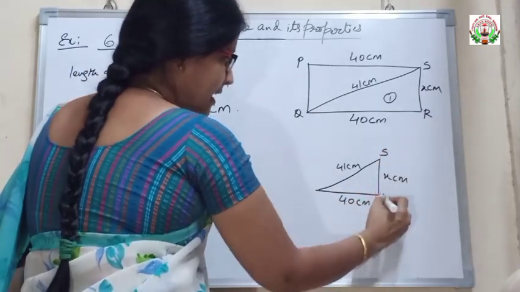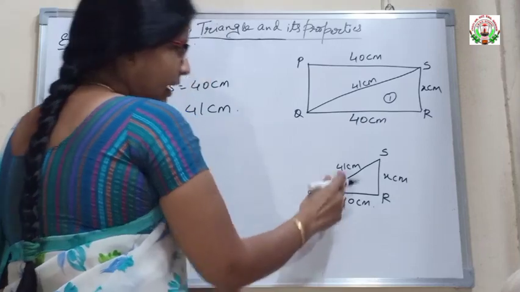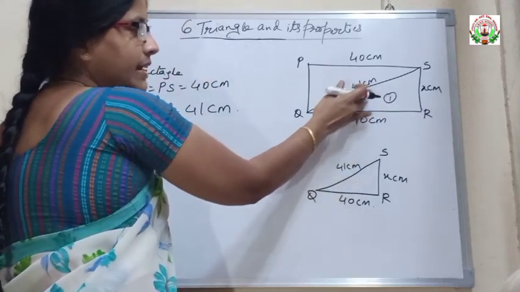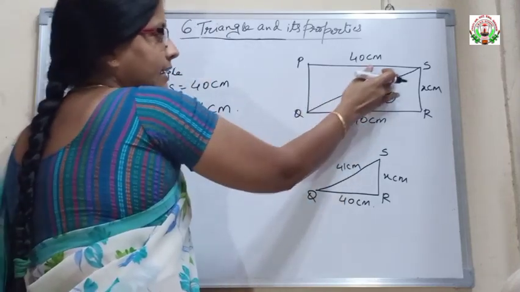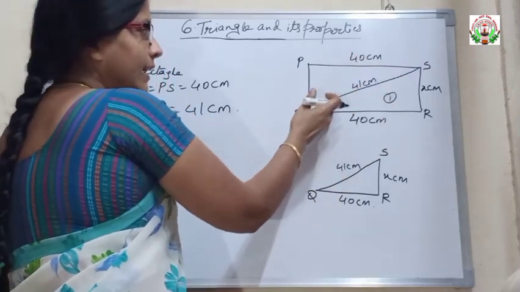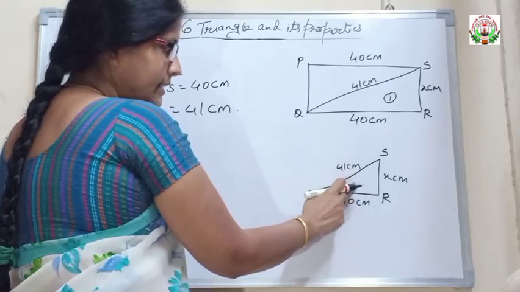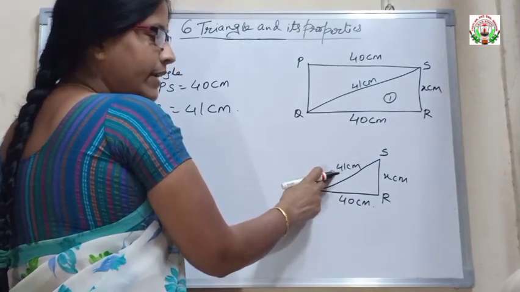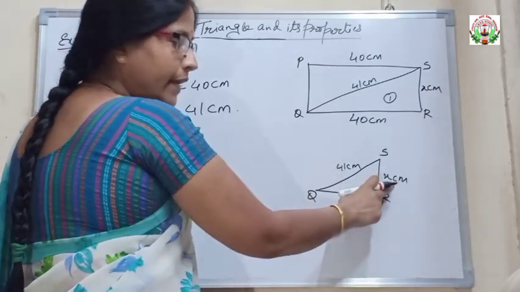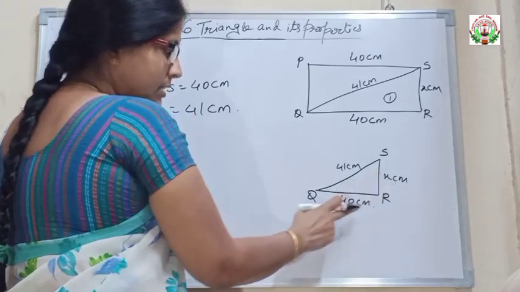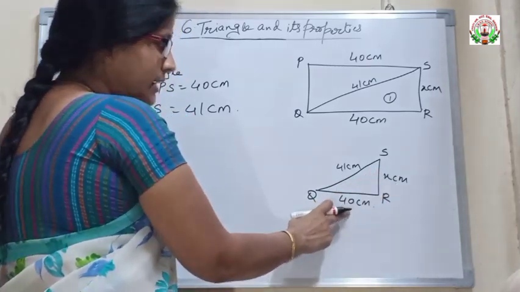That is SRQ. I have taken one side of the rectangle, because this diagonal divides this rectangle in 2 equal parts. So I am taking this triangle. Hypotenuse is given as 41 centimeters. We have to find the perpendicular distance, and base is given as 40 centimeters.